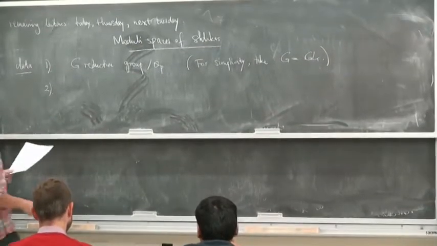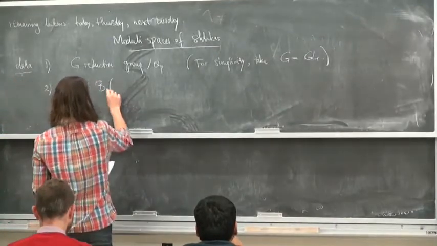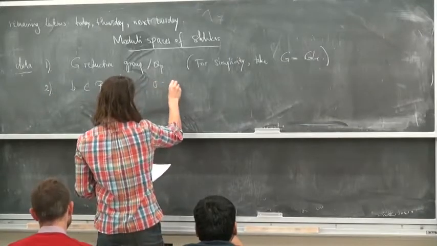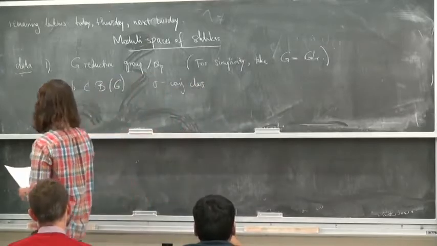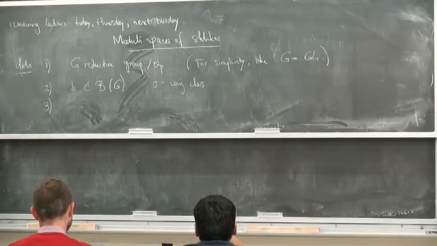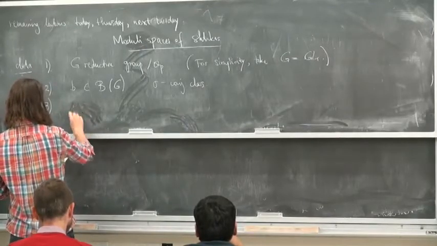The second datum is that of a sigma-conjugacy class, an element in what Kottwitz calls B of G. I will recall that in a second. And the third datum are certain conjugacy classes of cocharacters.